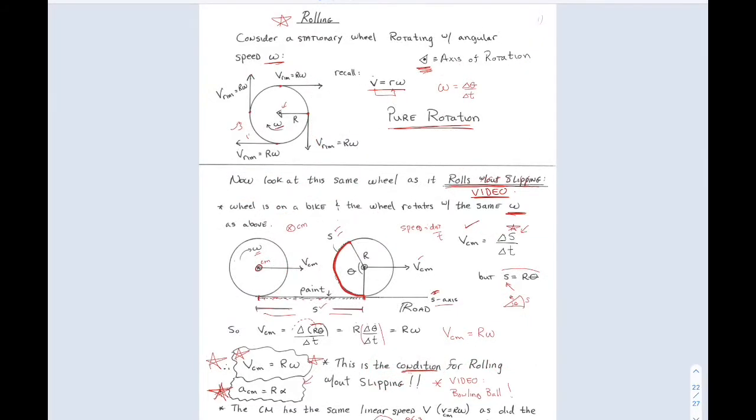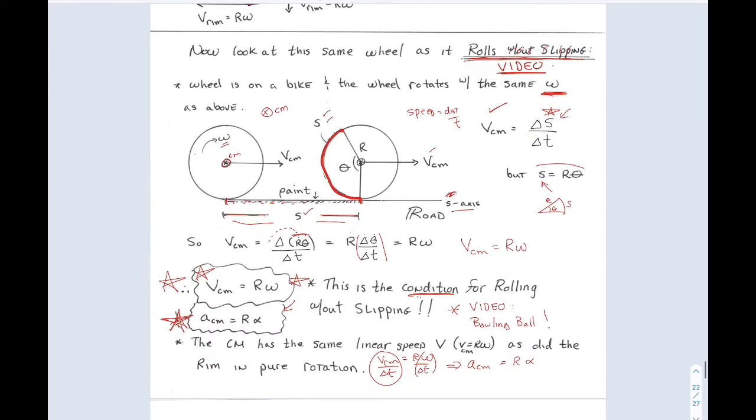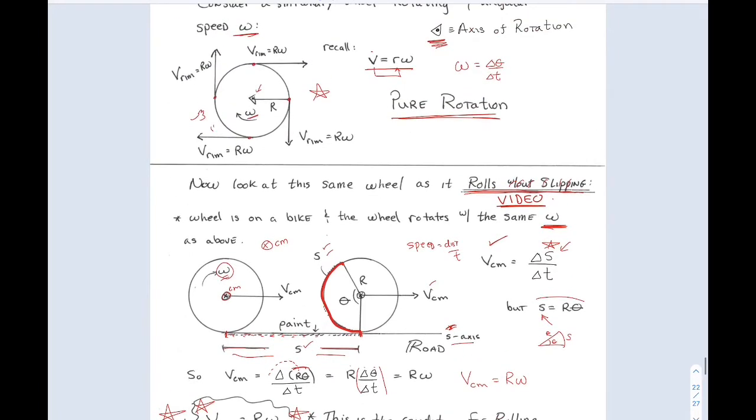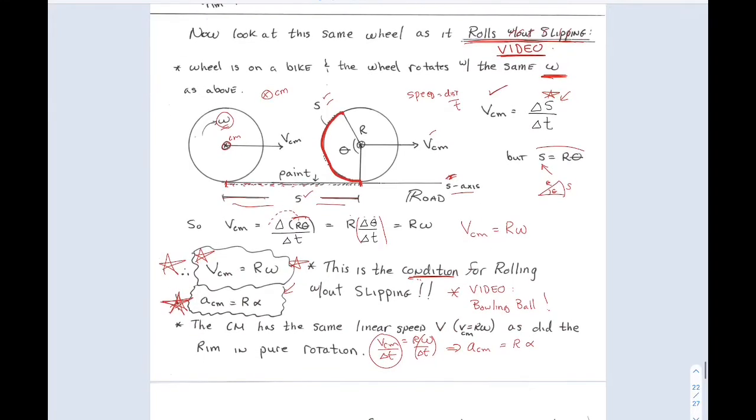So we just had this wheel rotating with some angular speed omega. I took the exact same wheel and had it roll such that the rate that it rotates, omega, is the exact same as when it was purely rotating. When that occurs, the speed of the center of mass is r omega, the exact same omega as this thing as it rotates.